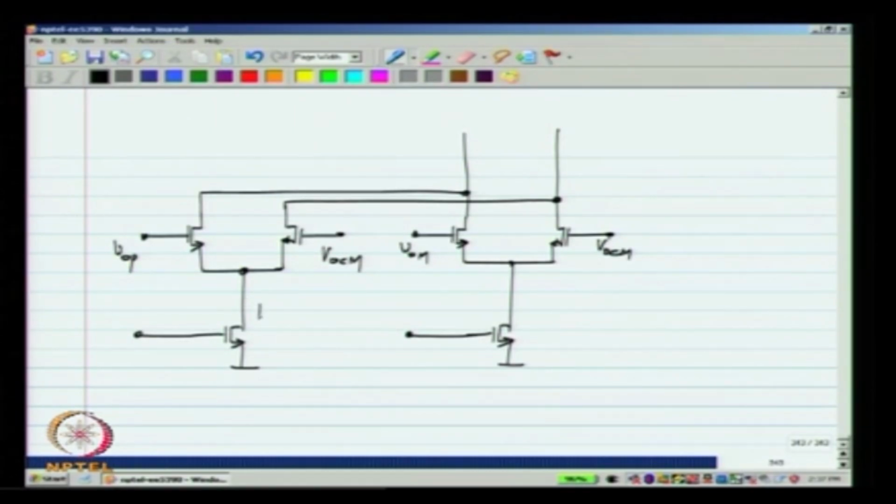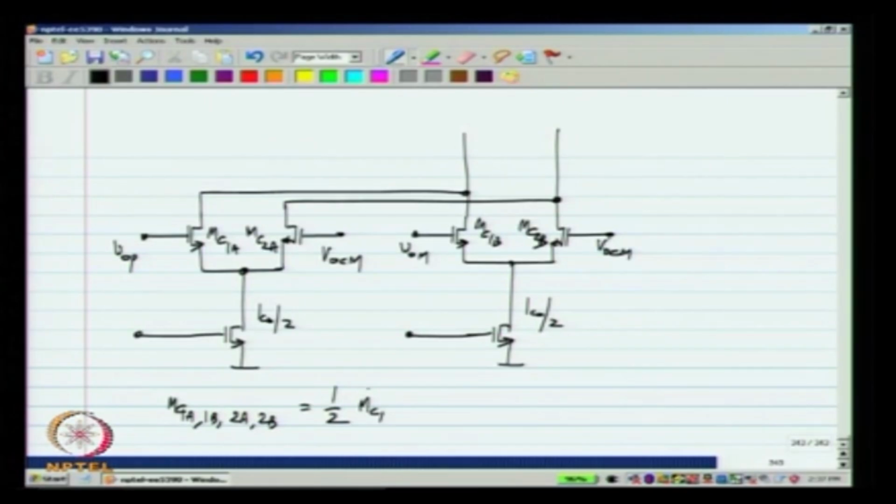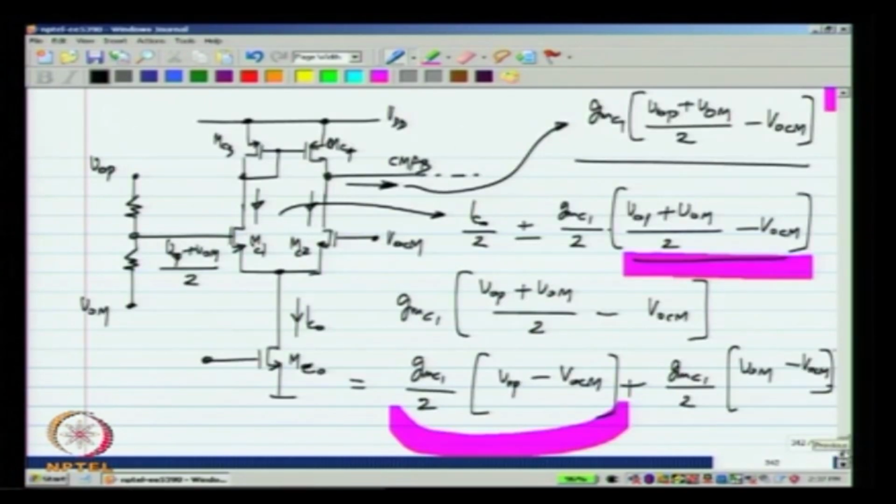Let us say I have IC0 by 2 flowing here, IC0 by 2 flowing there, and then let us say each of these transistors is half the size of the MC1 used in the previous circuit.